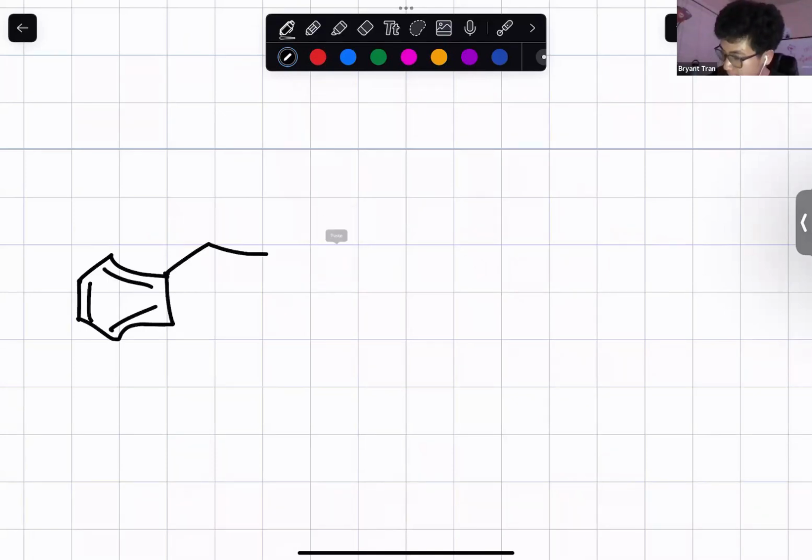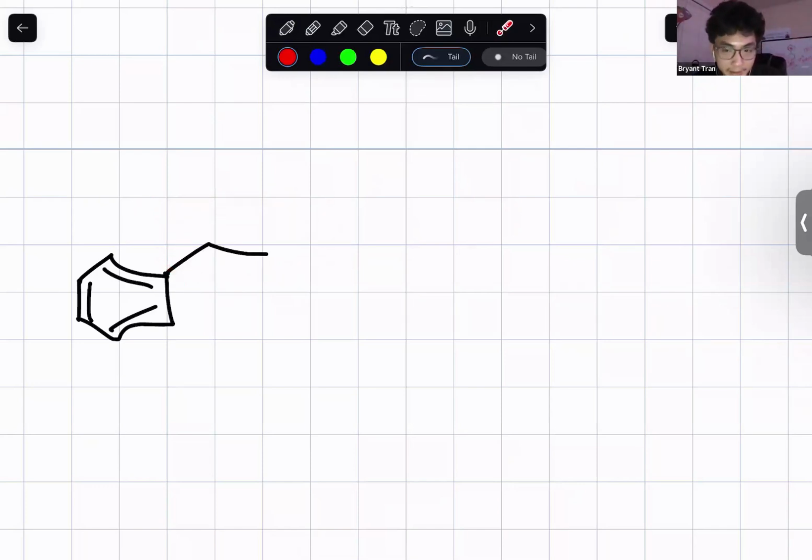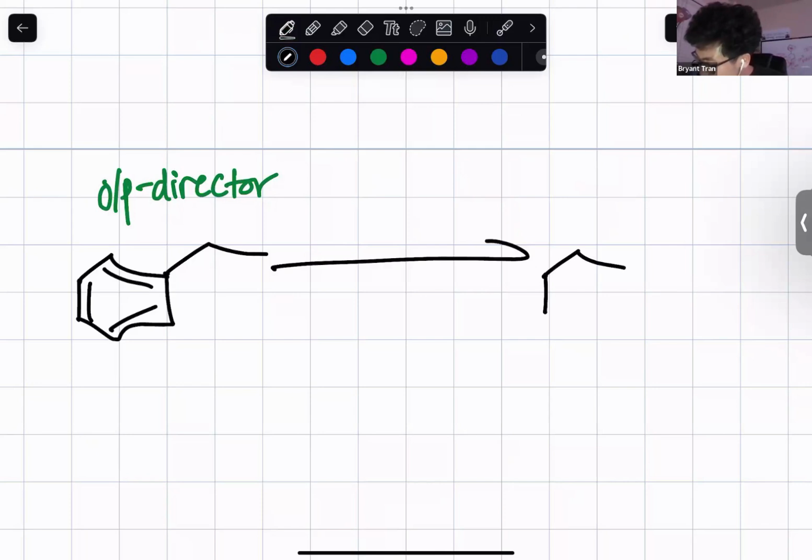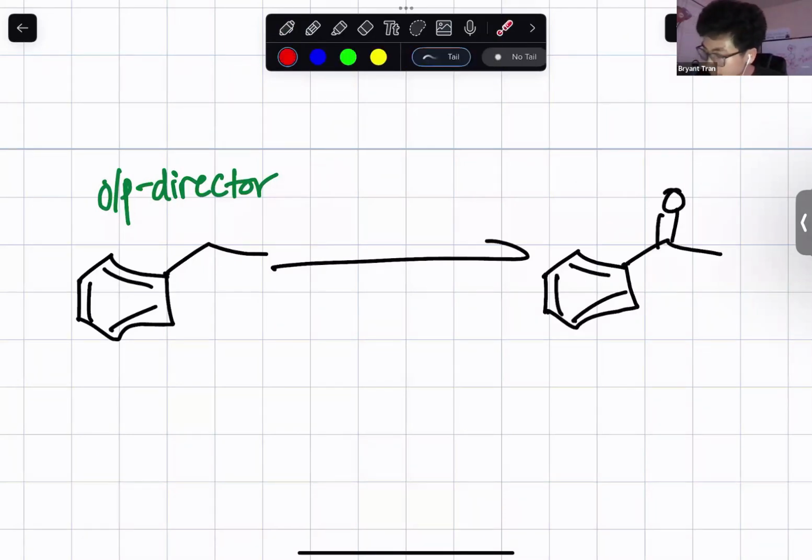If I have this group right here, is this an ortho-para director or a meta director? Ortho-para director, right? Because it's an EDG. I can convert that ortho-para director into a meta director by oxidizing the benzylic carbon.